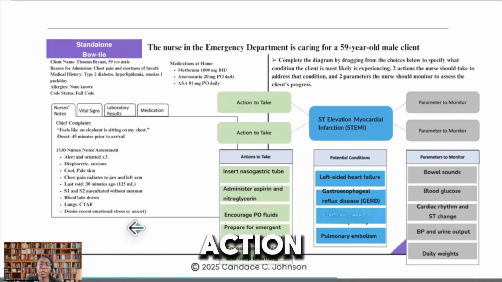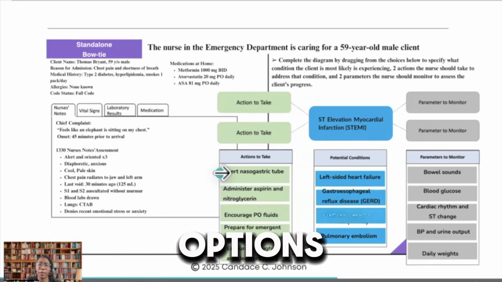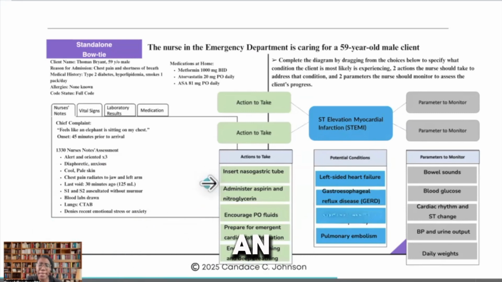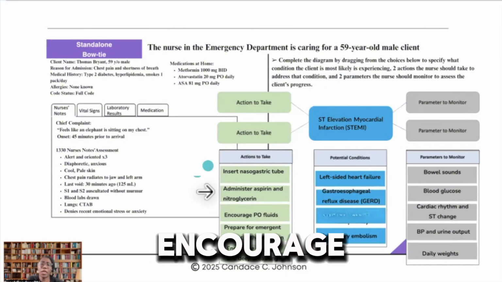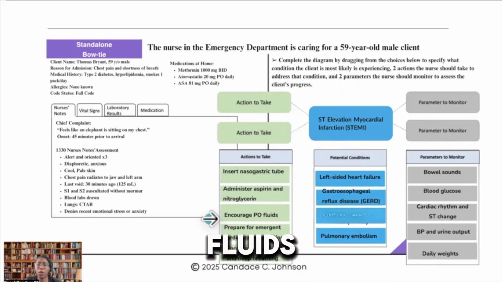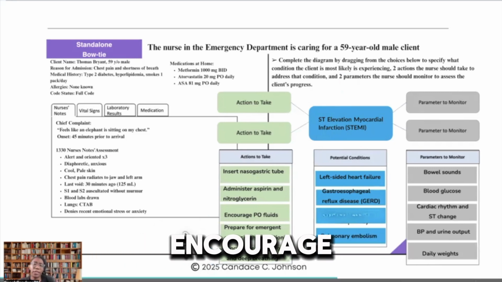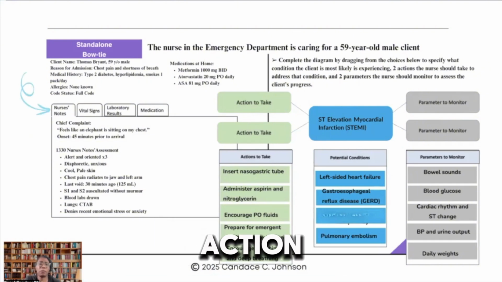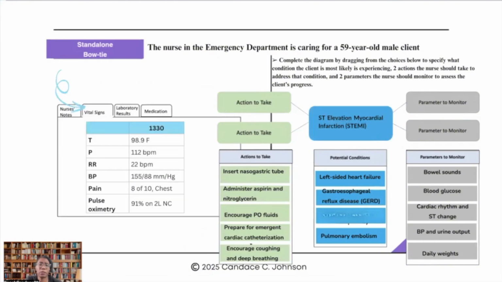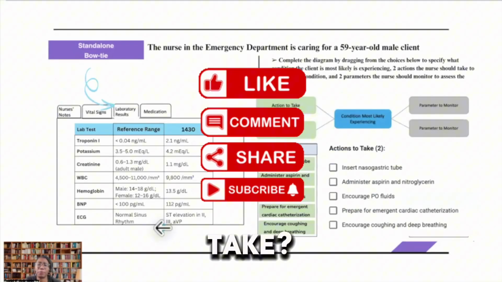So which action would you then take? We have our options to insert a nasogastric tube or an NG tube, administer aspirin and nitroglycerin, encourage PO fluids, prepare for emergent cardiac catheterization, or encourage coughing and deep breathing. Which action do you want to take?